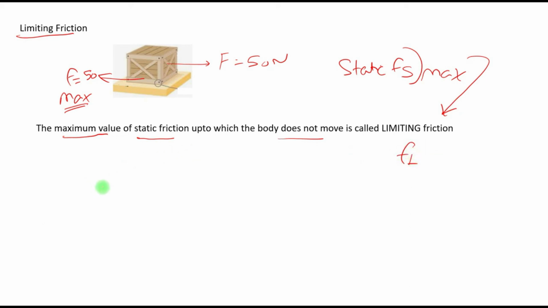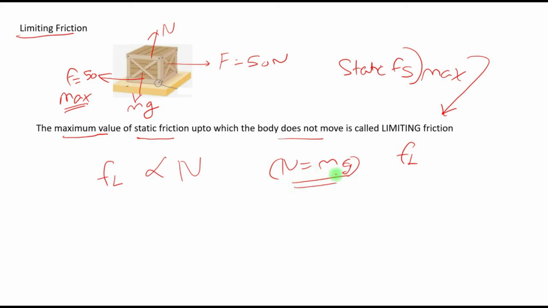Now experimentally it has been seen that this FL, the limiting friction, is directly proportional to the normal reaction. In the free body diagram, mg points downwards and the normal reaction is upwards, so in this particular case N is equal to mg. In different cases it could be something else as well.